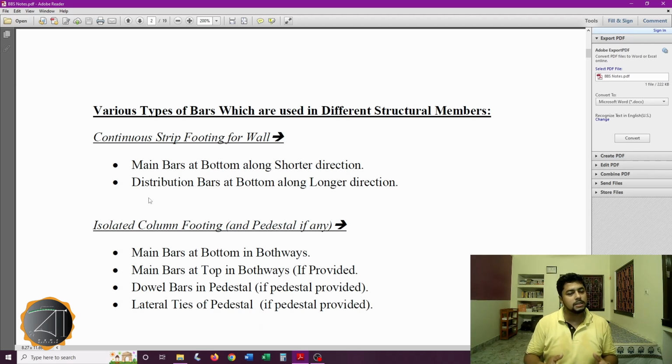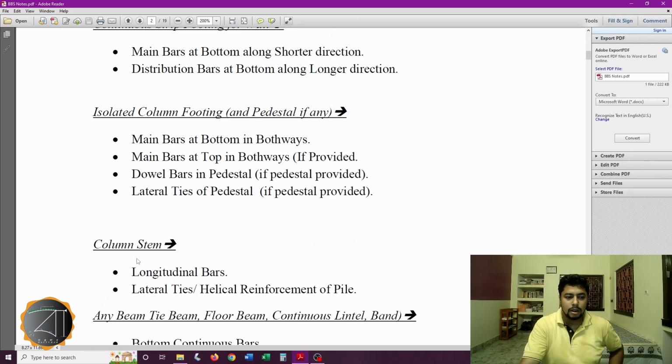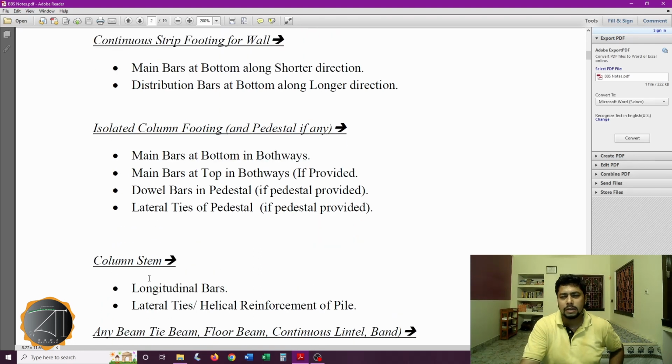Now I have not mentioned the reinforcement of the column because column footing and column stem are two different things. Now I am coming to column stem. For column stem there will be only two types of bars: longitudinal bars and lateral ties or helical reinforcement. You may provide lateral ties, you may provide helical reinforcement, and there may be some hooks or ties also needed.